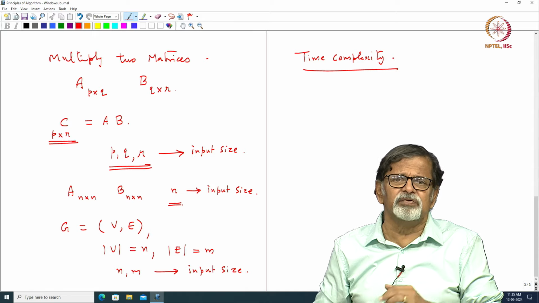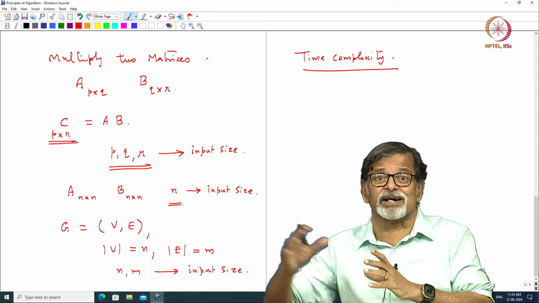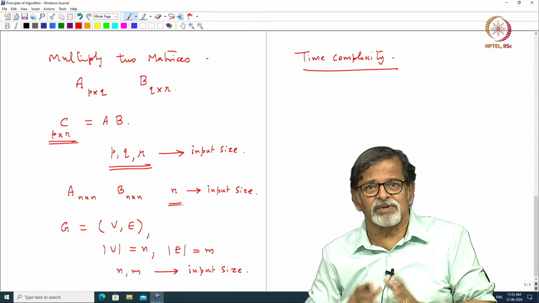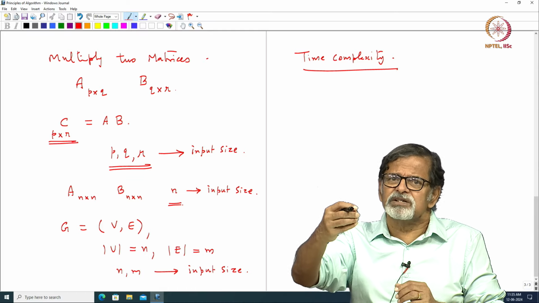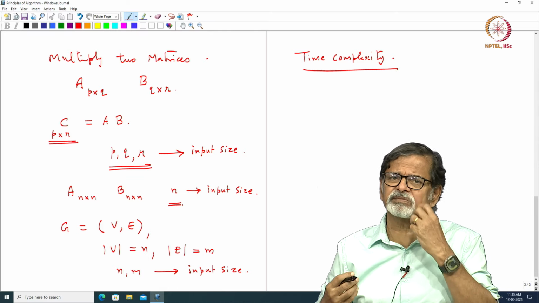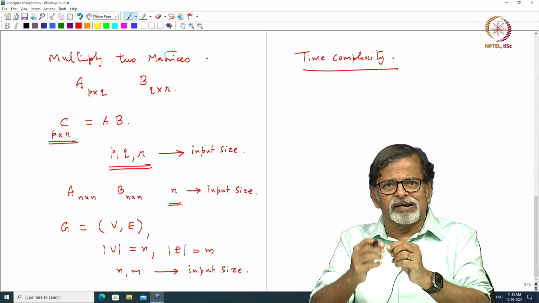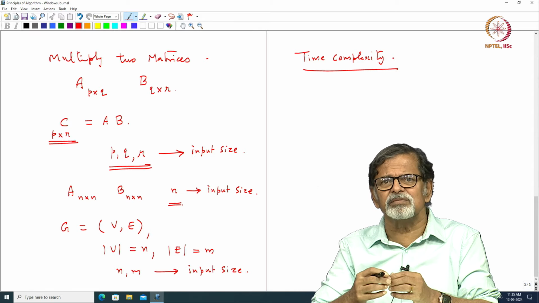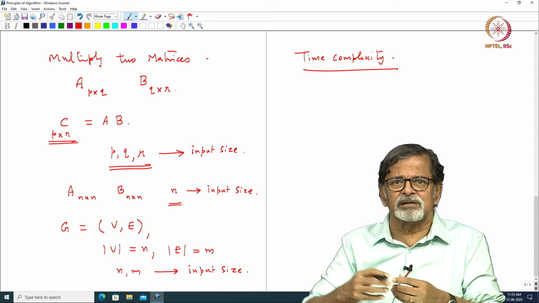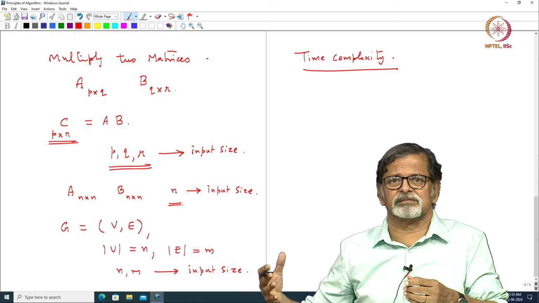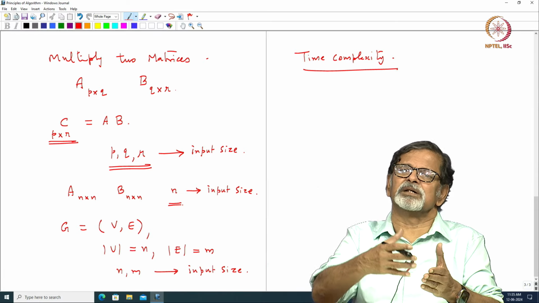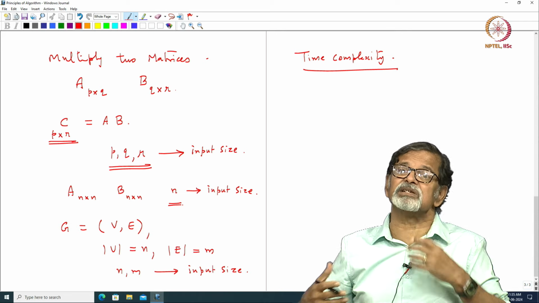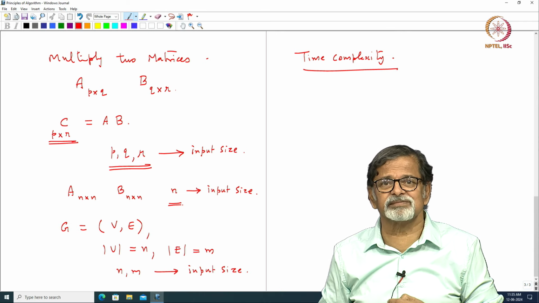Also, if you look into the running time of an execution of an algorithm, it is made up of executing a sequence of operations. Each operation will take a certain amount of time, and the total time taken is basically the total time in executing this sequence of operations.